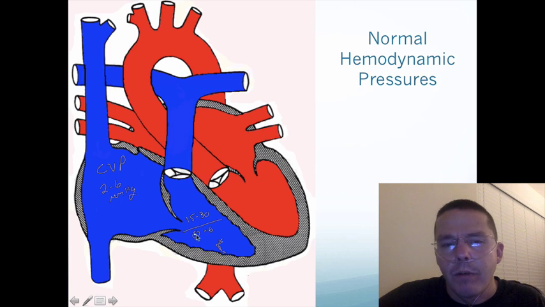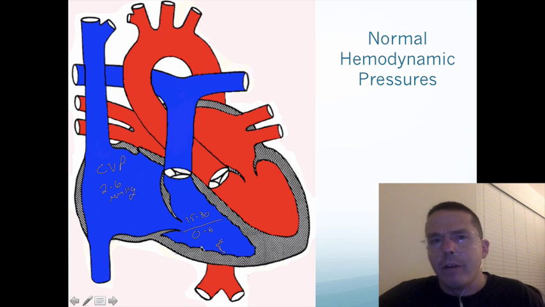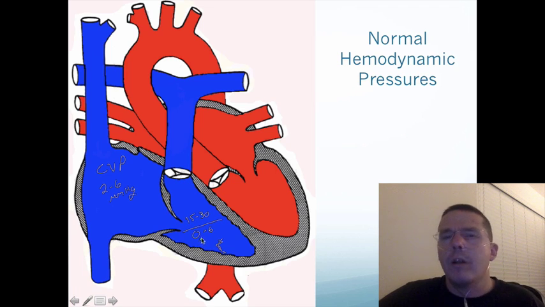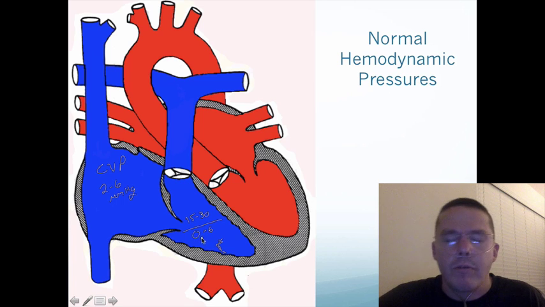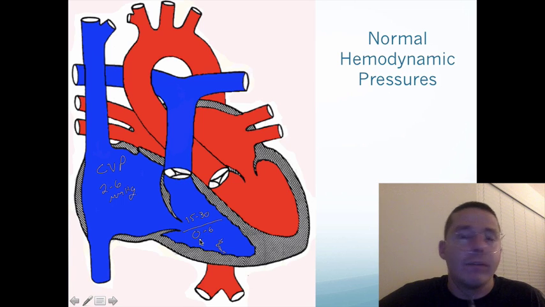So if the diastolic pressure is higher here, then the blood will not flow from here to here. I know this seems very, very abstract, but just remember that blood only flows down a pressure gradient. It's just like water is not going to flow up a stream. Water is not going to flow up a hill. So you must have a downward pressure gradient.